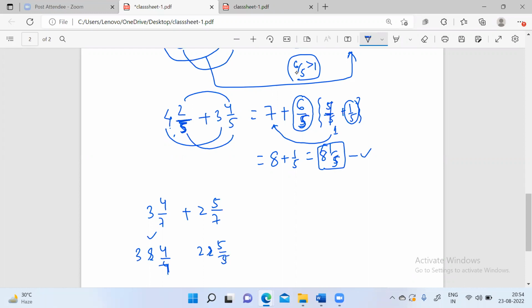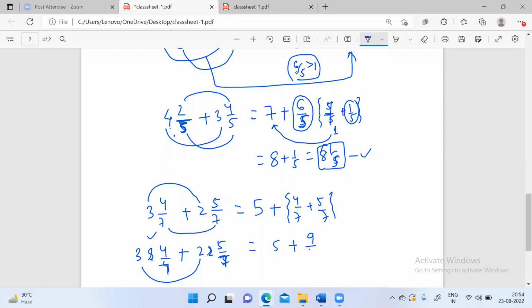If you want to add these two, you just need to add the integer parts separately, which is 3 plus 2, which is 5, and the fractional parts separately, which is 4/7 and 5/7. This will ultimately become 5 plus 9/7. Is it clear till this point?